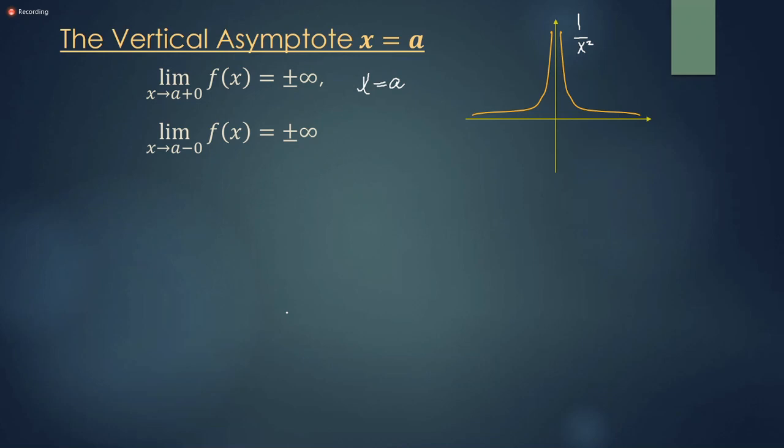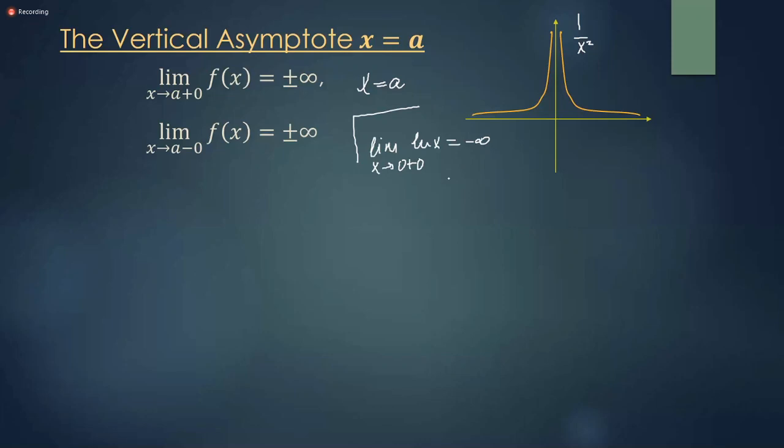Remember a logarithmic function? The y-axis was the asymptote as x approaches 0 from the right. For the logarithmic function, in that example, we had the limit when x tends to 0 from the right-hand side of ln x is negative infinity.